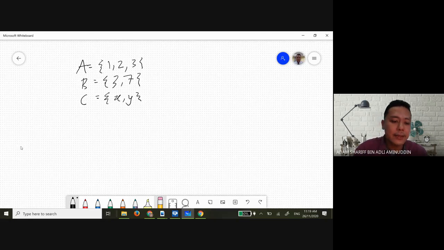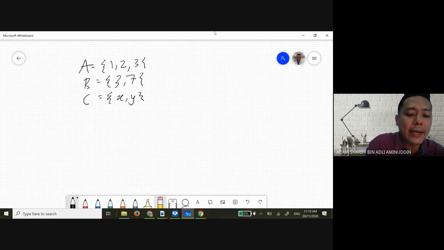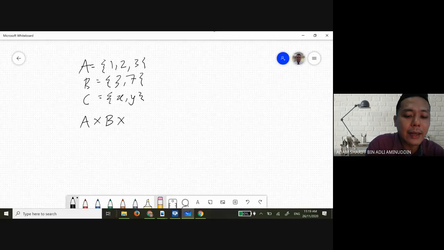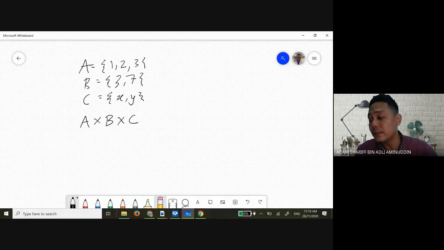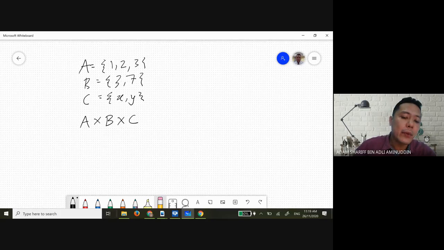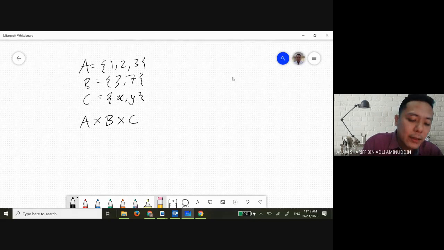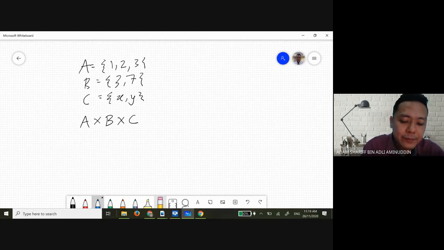There are 3 sets. So let's try to find A times B times C. Okay, right now we involve 3 sets. And if 3 sets, the outcome will be the ordered triplets. Ordered triplets, bentuk asas dia.